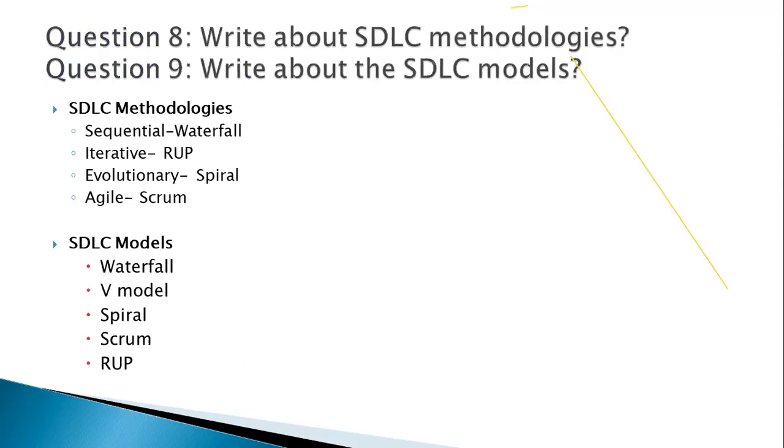The popular ones, and among the SDLC methodologies, we have certain models: waterfall model, V model, spiral model, Scrum, and RUP. Again, we will write a little bit about all of these models, and exclusively concentrate on waterfall, with a little elaborative information about the waterfall project.